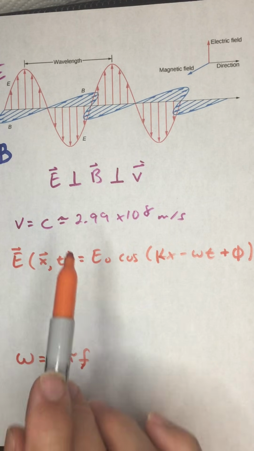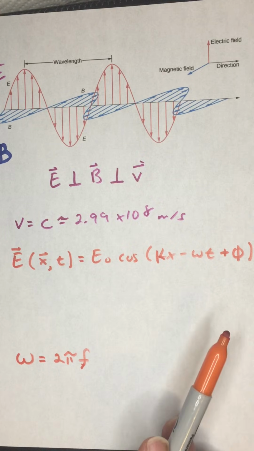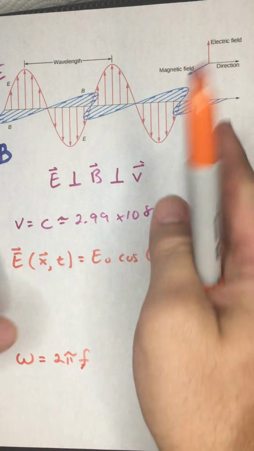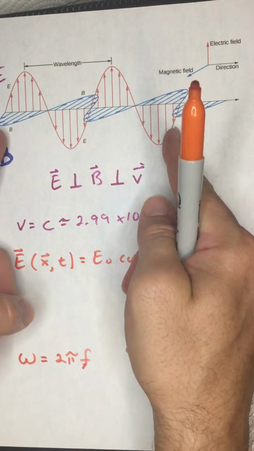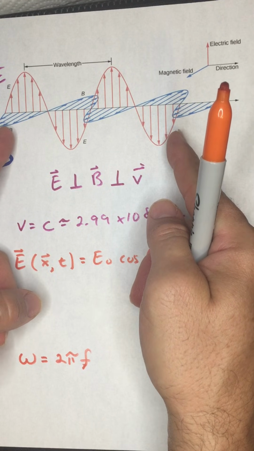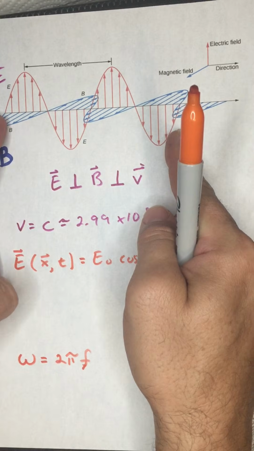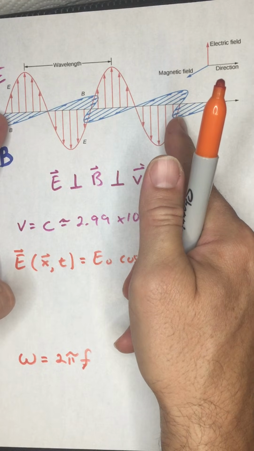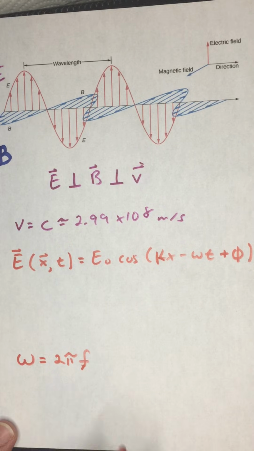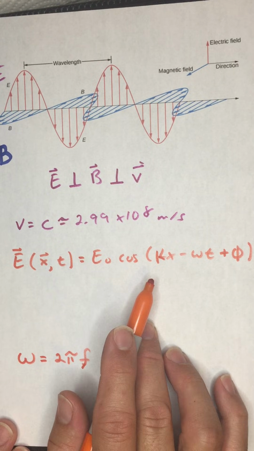If I were to actually see a traveling electromagnetic wave and pull out my meter stick and slap it down, bam, how many cycles are in that meter? Well, I see 1, 2, so I would have a wave number here of 2. I call it the spatial frequency.